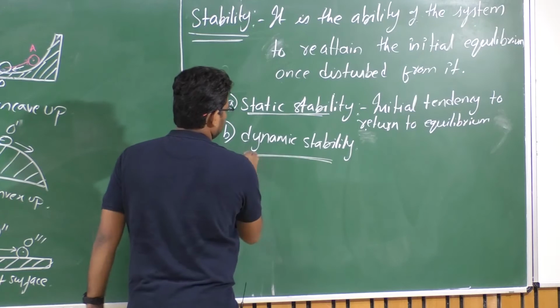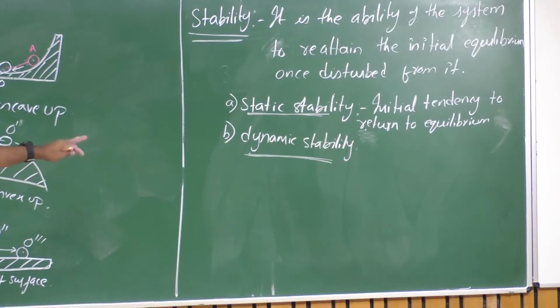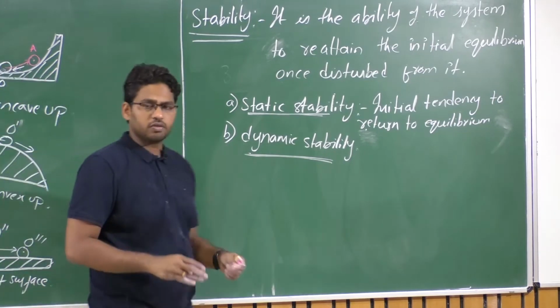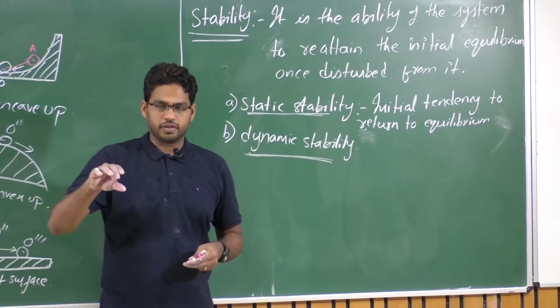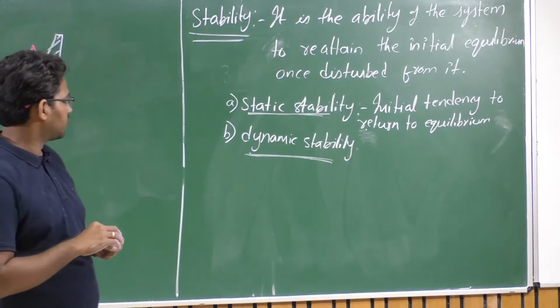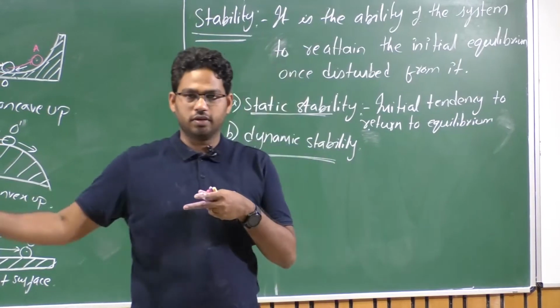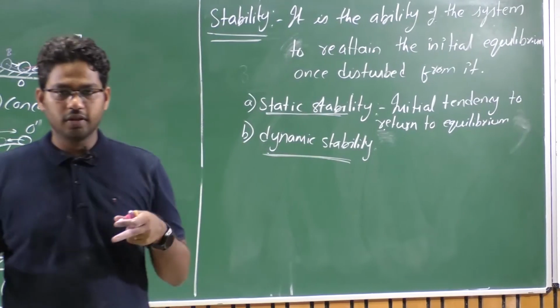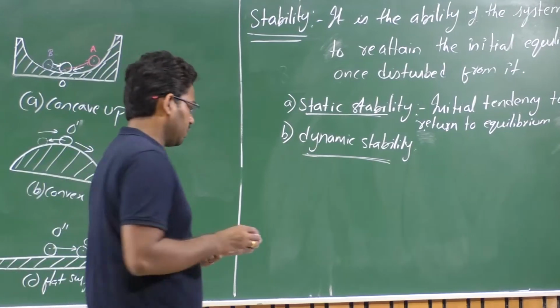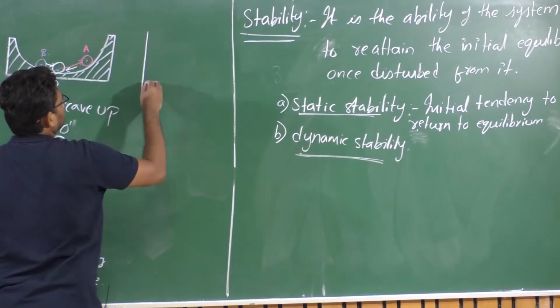So, what is dynamic stability? Generally dynamic stability talks about the time history of motion of the system once disturbed from the equilibrium. It talks about how long it takes for the body to reach the equilibrium, or whether it reaches equilibrium or not. In order to understand this better, consider this example.